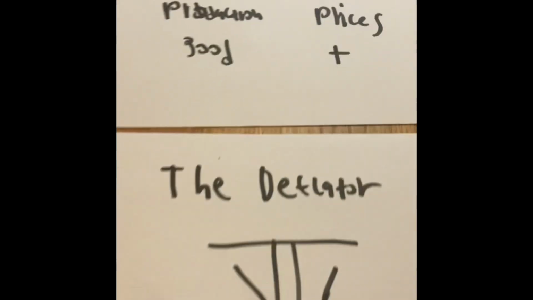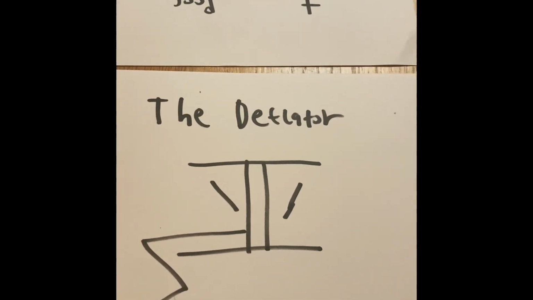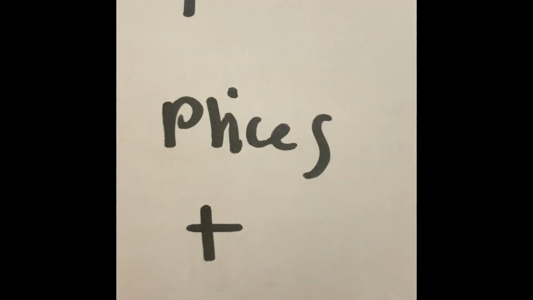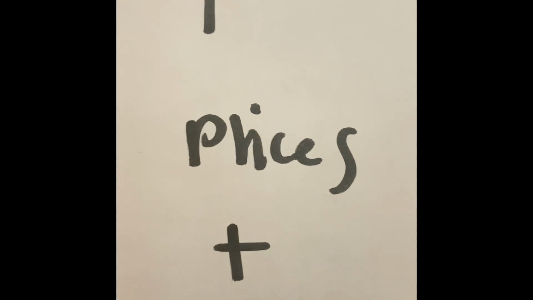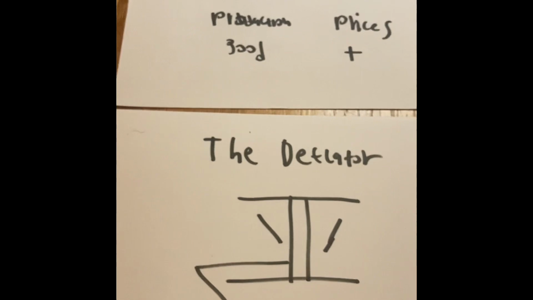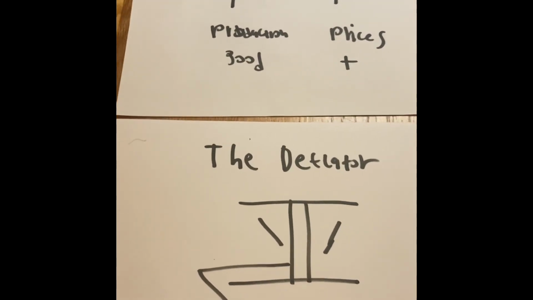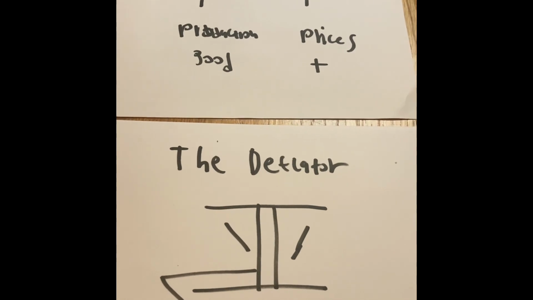However, the deflator takes out production and only talks about the prices and the value of the goods. So to understand that, we wouldn't be calculating the production, we would only be focusing on the prices.